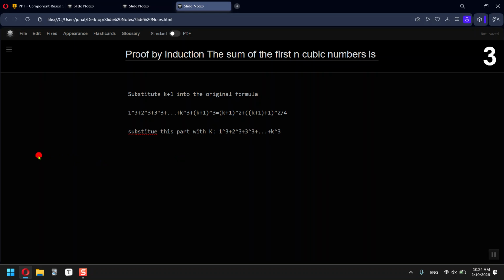Plus the remaining k plus 1 to the power of 3 here equals k plus 1 squared, no, not plus, why did I say, times k plus 1 plus 1.